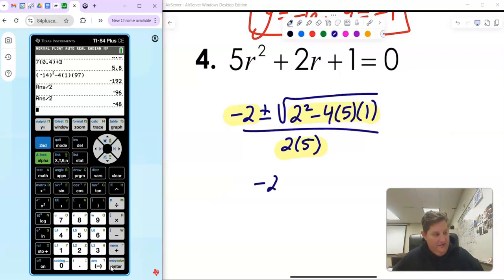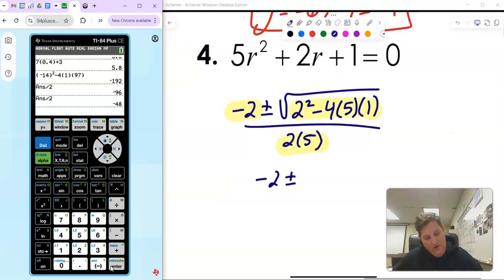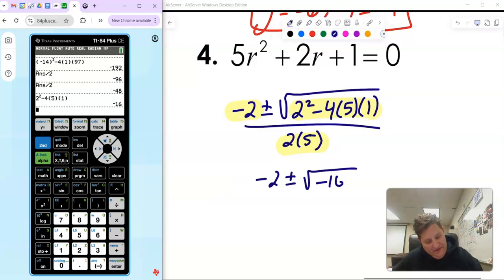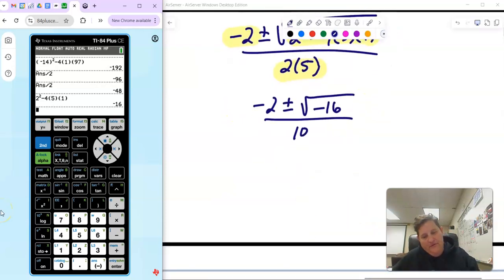So that's negative 2. Now here I need to go b squared minus 4 times 5 times 1, which gives me negative 16. Okay? And then, this is a perfect square though, you guys.